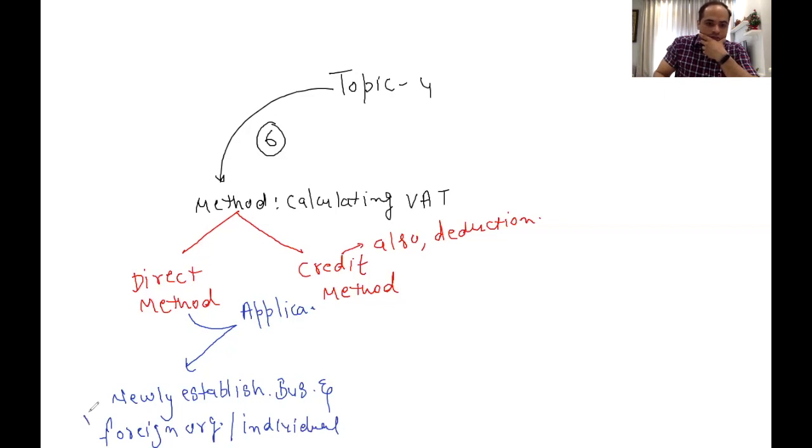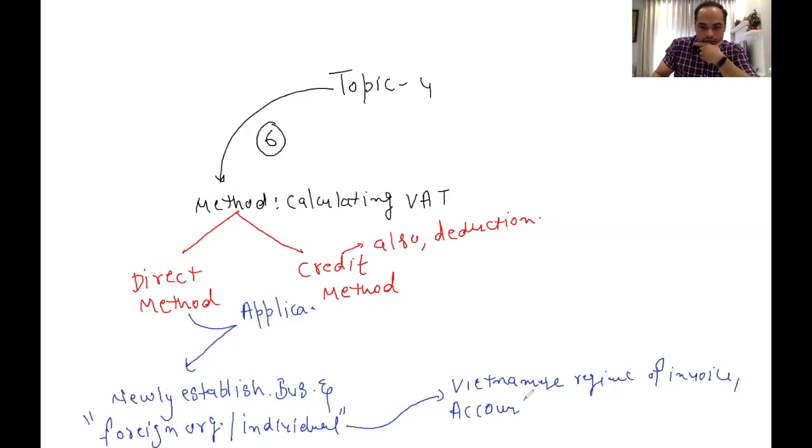The meaning of foreign organization or foreign individual is that the Vietnamese regime of invoices or accounting, where accounting means VAS, Vietnamese Accounting Standard, does not apply.